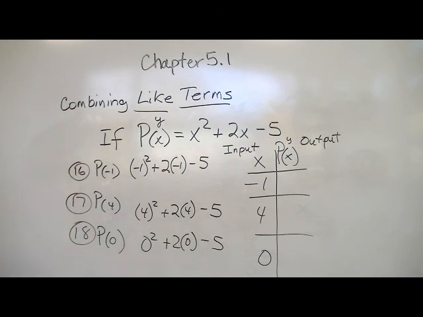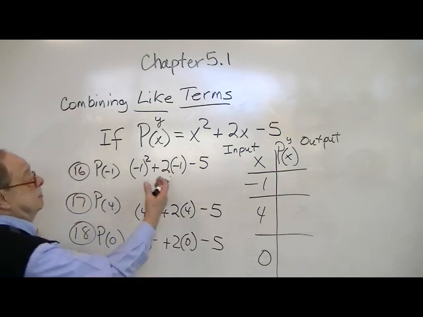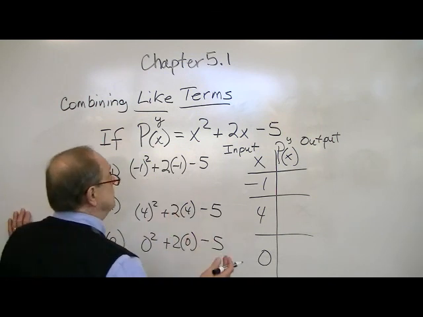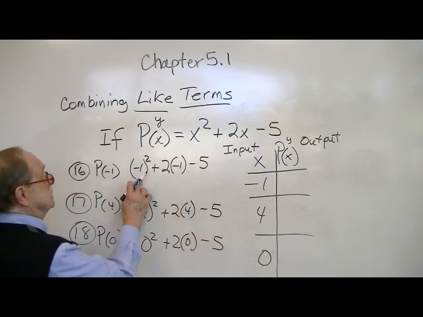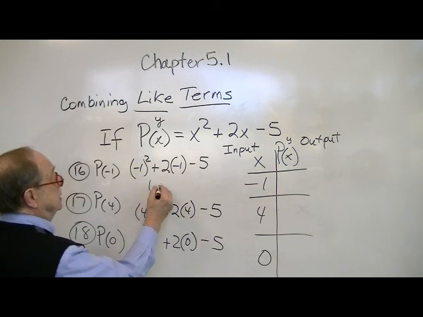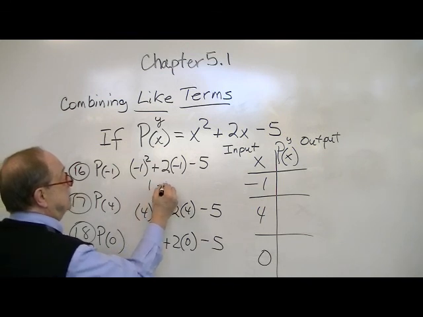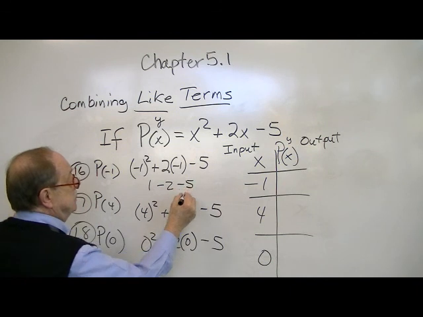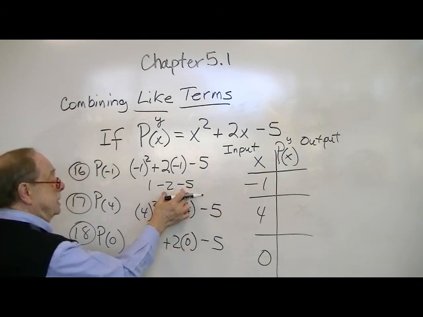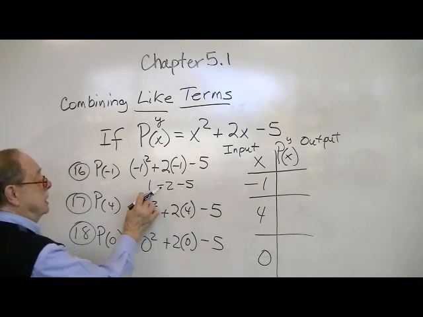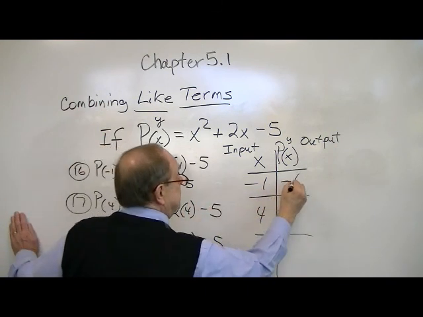So this is how you would do it, and then it's just a matter of doing the computation. So this is going to become a 1, this becomes a -2, and a -5. So -7 and a 1 gives us a -6 there.